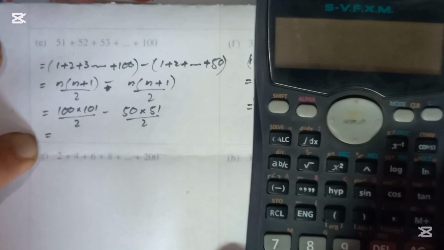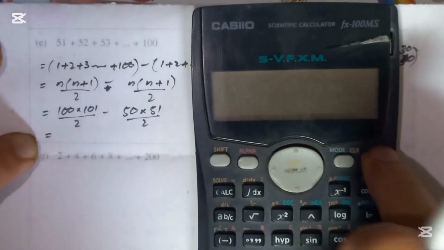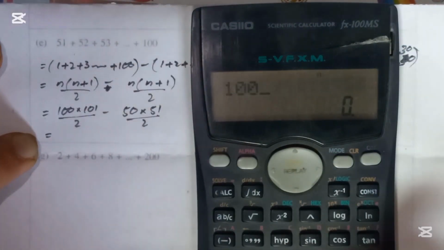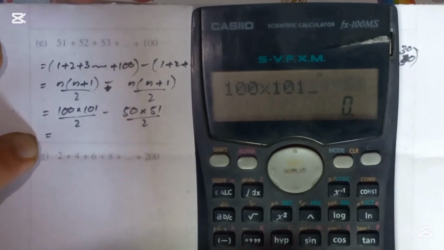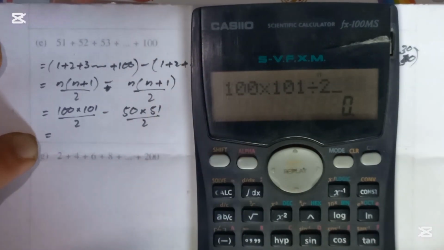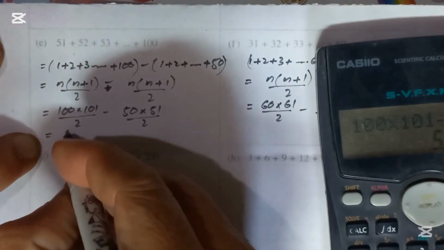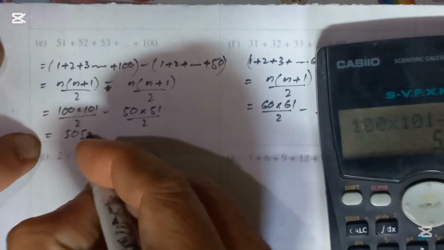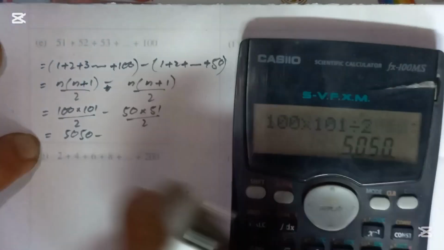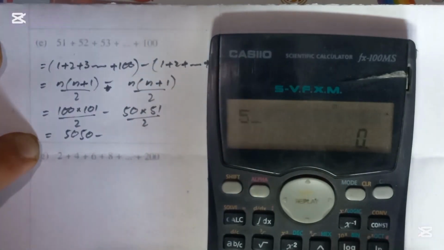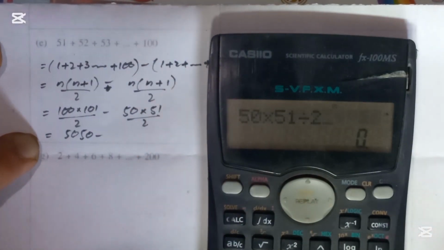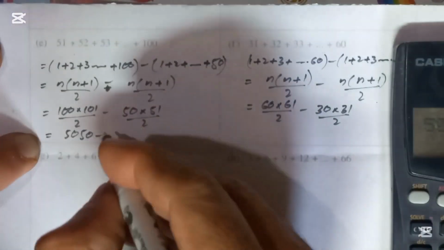So 100 multiplied by 101 divided by 2 will be equal to 5050, minus 50 multiplied by 51 divided by 2, which will be equal to 1275.